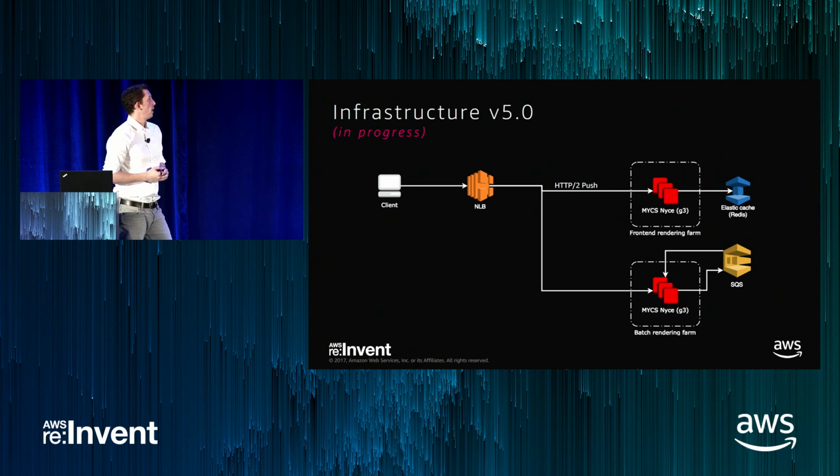AWS introduced the network load balancer, which gives support for HTTP2 push for streaming of images. We had to remove CloudFront for now, because sadly you have a limit in the size of your query. So query strings cannot exceed, not sure what's the max length, but basically we send over query strings the data structure that represents a specific furniture, and that's just longer than what's supported.